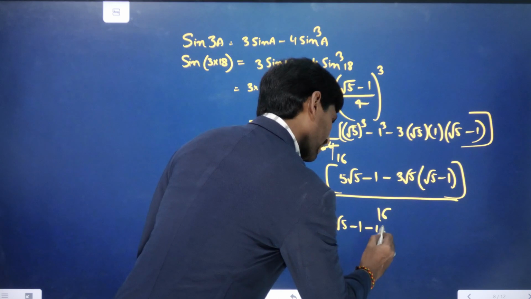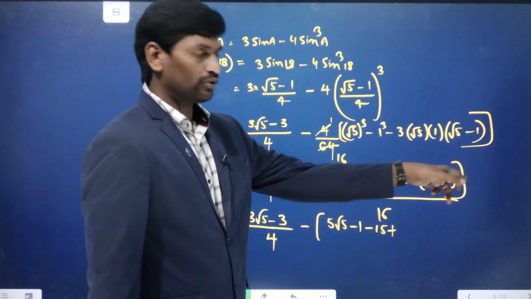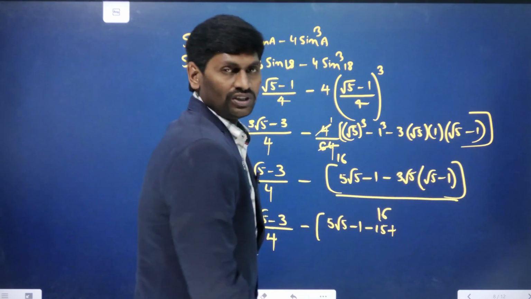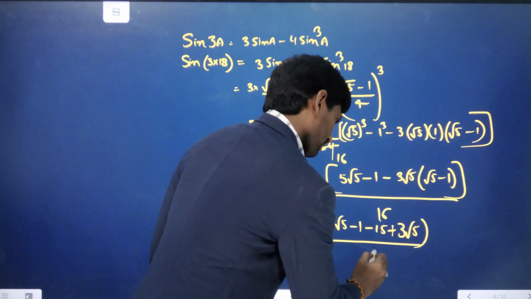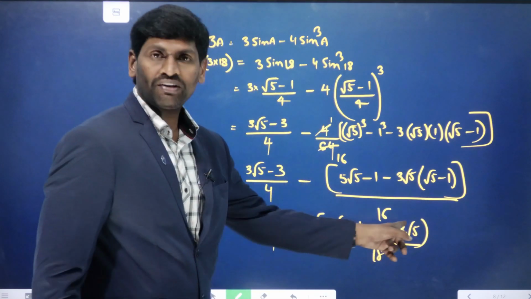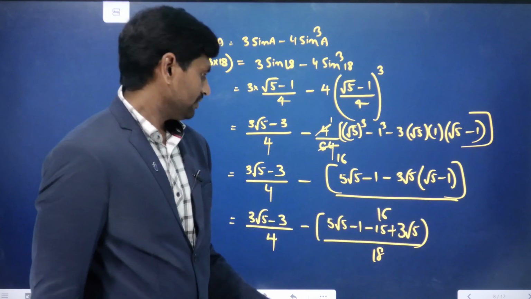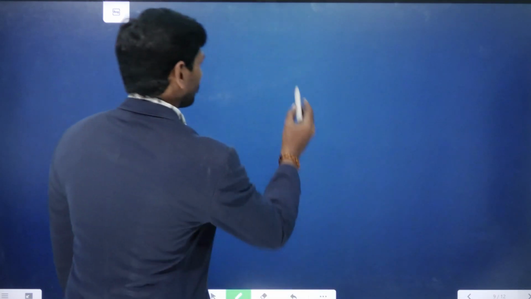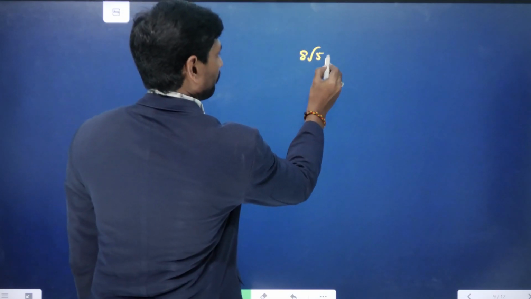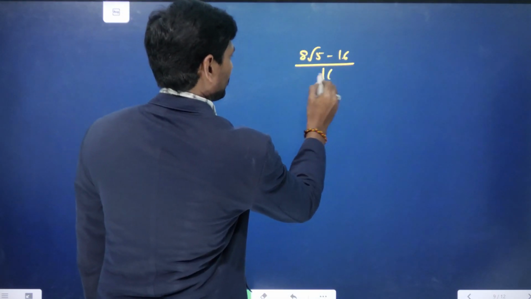So minus 15, minus into minus plus 3 root 5, 3 root 5 into 1. So 5 root 5 and 3 root 5 become 8 root 5, and this becomes minus 16. So 8 root 5 minus 16 by 16.